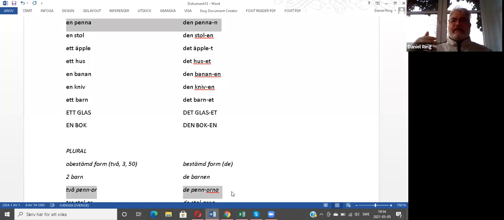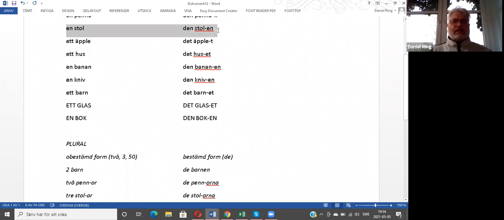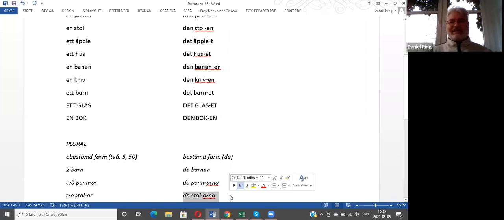So we just keep building and building until we're happy with the form of the noun. We again had the example with the chairs, en stol, den stolen, a chair, that chair. In plural, I want to get 3 chairs, I'm not sure which ones, tre stolar, and once I made my mind up, I want to get those chairs, de stolarna.